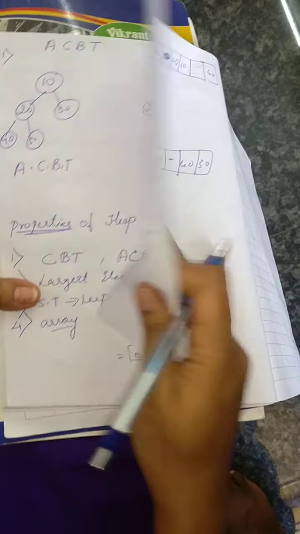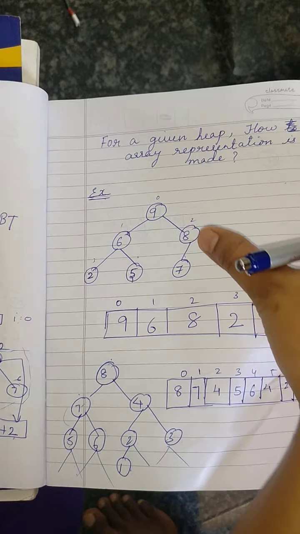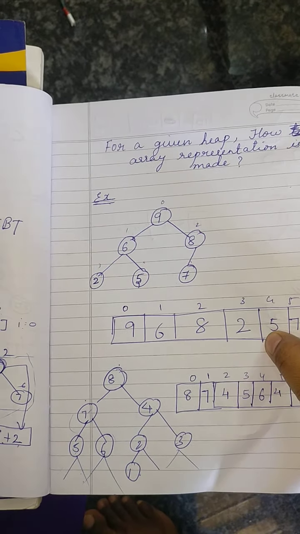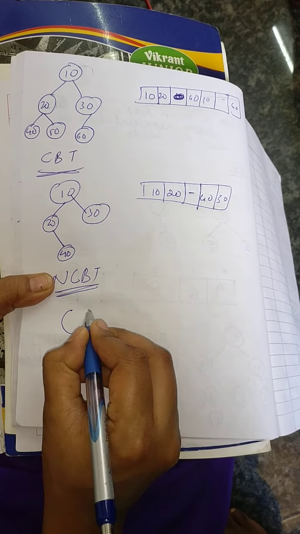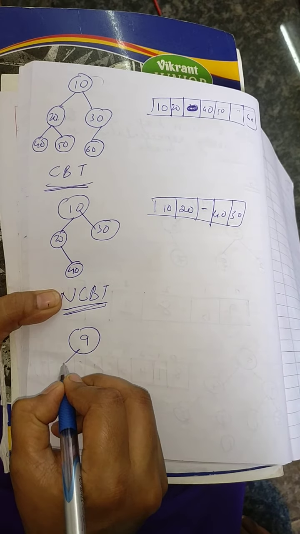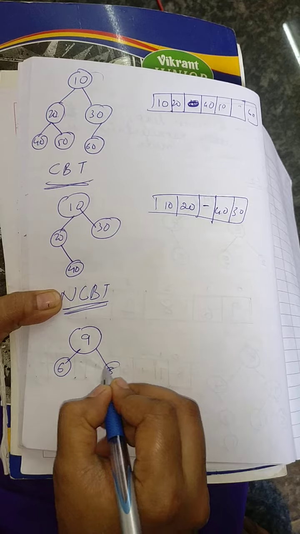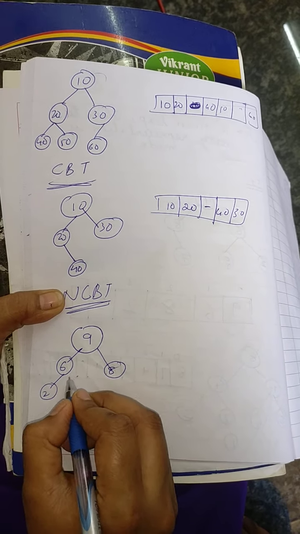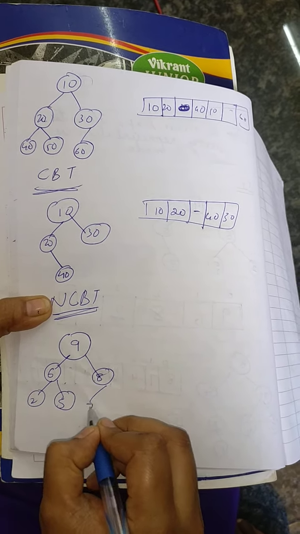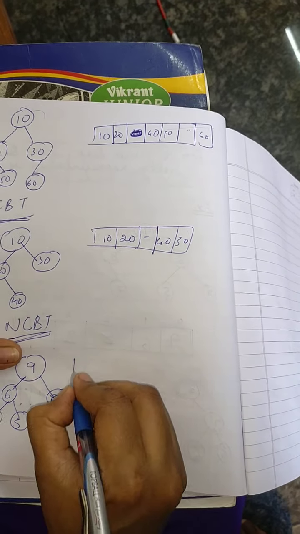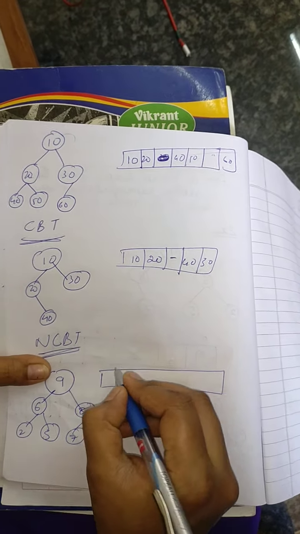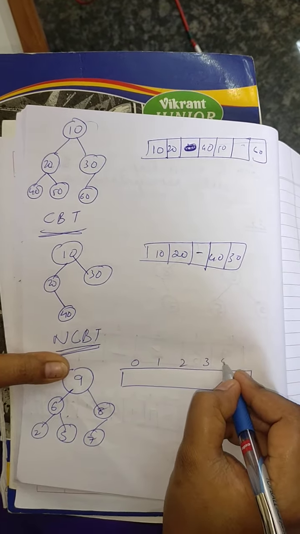Now I told you how, for a given tree, to find the array representation. Now for the given tree, how to find the array representation, we'll see by using a formula. Now write down like this 0, 1, 2, 3, 4, 5.